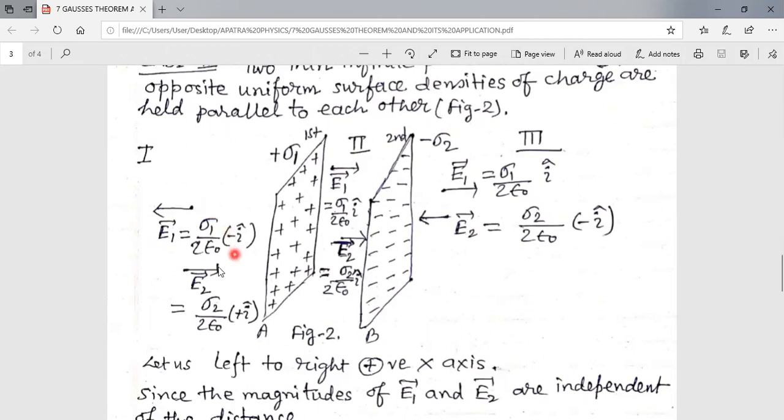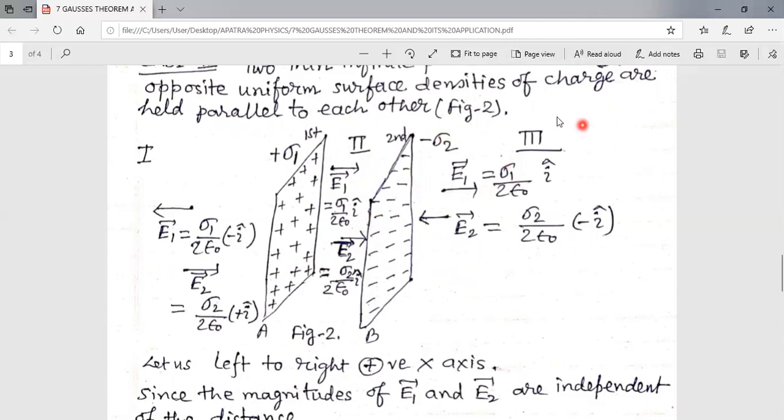E1 is sigma 1 by 2 epsilon naught along minus I cap, and E2 is toward this. Look at the figure, this is toward the negative sheet, since it is negatively charged, the field is toward the negative. Between the two sheets, the direction of E1 and the direction of E2 are the same, from left to right.